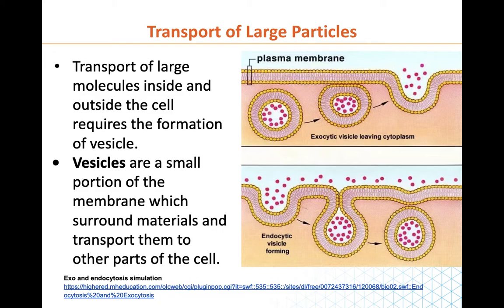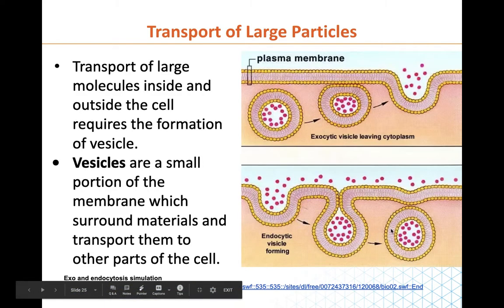Endocytosis is the exact opposite, but it's pretty much the exact same process. This is where larger materials are trying to enter the cells, okay? So you can see here, these materials come, they push the membrane in, and the membrane starts to form this little thing around them until the membrane basically forms a circle and pinches off and turns into a vesicle.